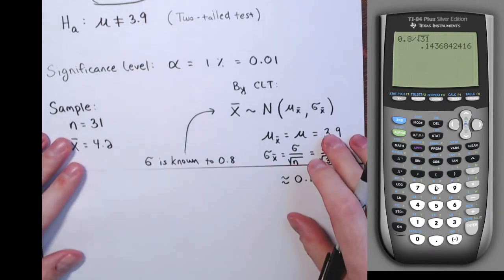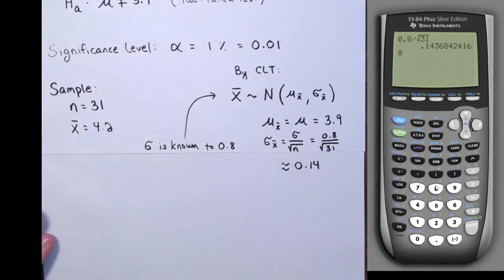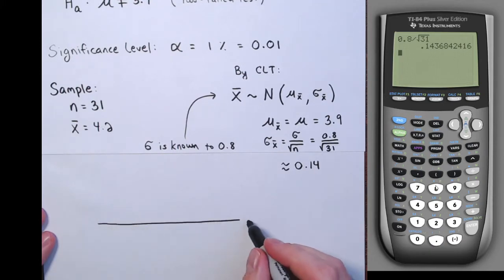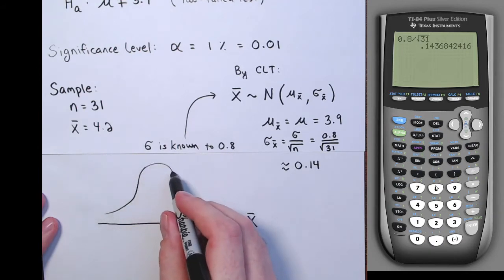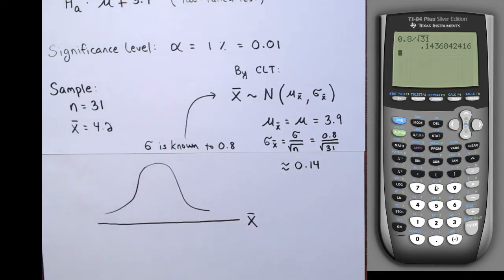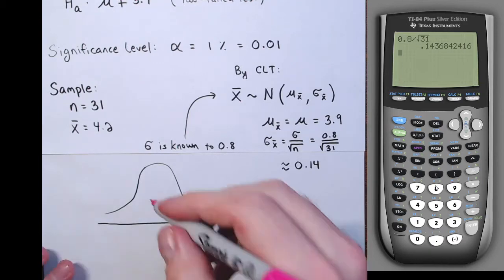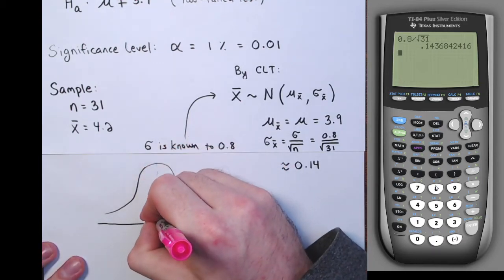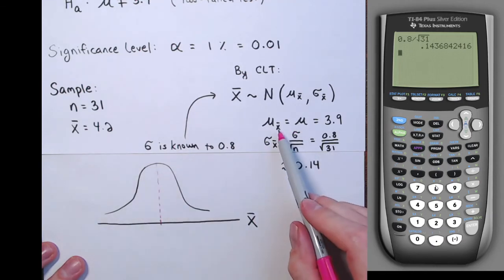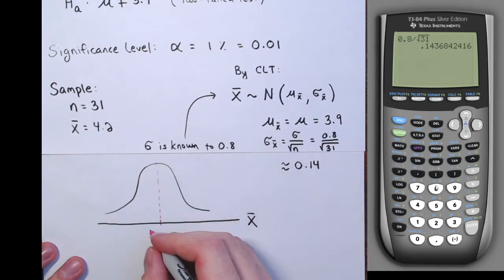Alright, so I'm going to draw a little picture. Here's a number line representing all possible values of the sample means for samples of size 31, all possible values of x bar. We said it would be approximately normally distributed, so this symmetrical bell-shaped curve. Underneath the peak is the mean. And we said a second ago, we're assuming that the mean value is 3.9, from the null hypothesis.